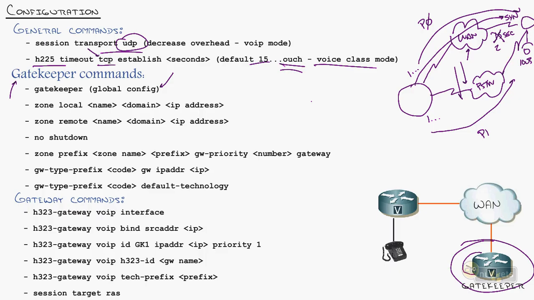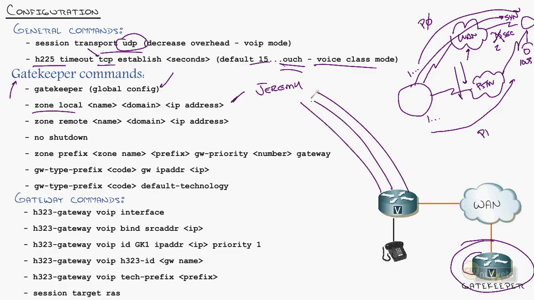Now, we've got the zone local. Zone local defines the name of a zone that this gatekeeper is responsible for. This is just a logical name. So, for example, I could create the zone local Jeremy and have my own zone. And all these gateways would start registering under the Jeremy zone. What the zone local means is that this is something the gatekeeper is responsible for.